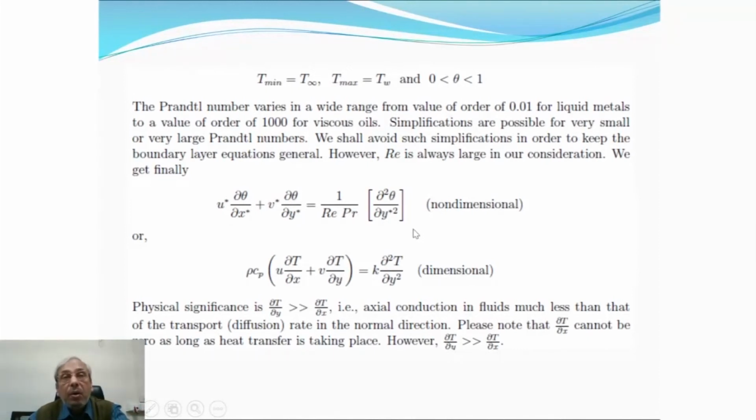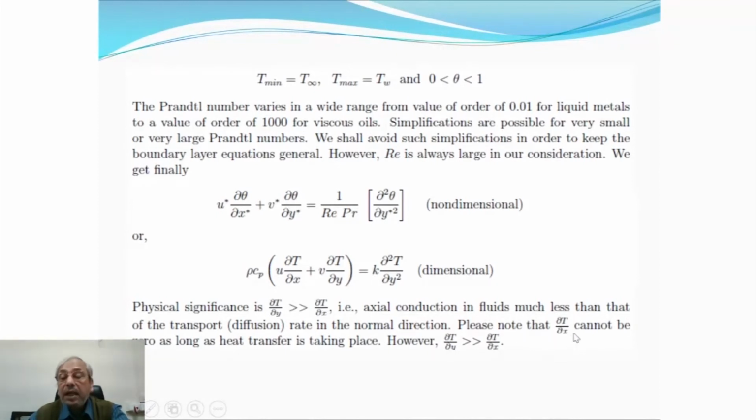It is to be dropped because del T del y is much greater than del T del x. That is, axial conduction in fluids is much less than the diffusion rate, that means the cross diffusion in the normal direction. So axial conduction in fluids is much less than the transport or diffusion rate in the normal direction.